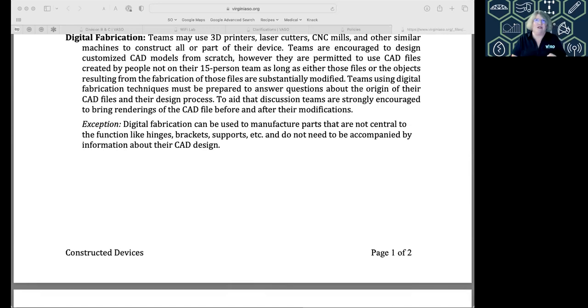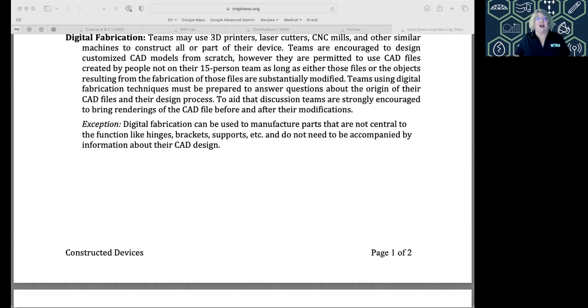It's a small little part of the device. We don't expect any significant alterations to it. Though I will say that a lot of teams that 3D print a hinge or a bracket do all the CAD work, because they're trying to fit it specifically in a device and they can't find an over-the-counter hinge or whatever.